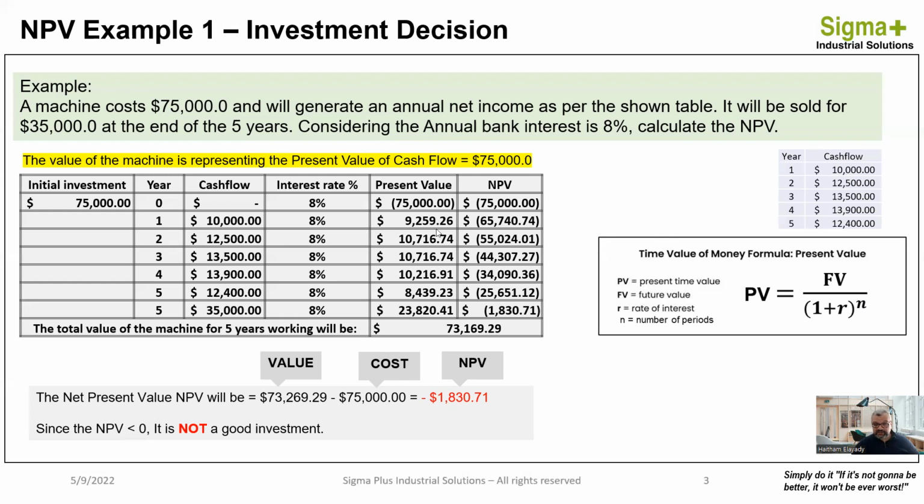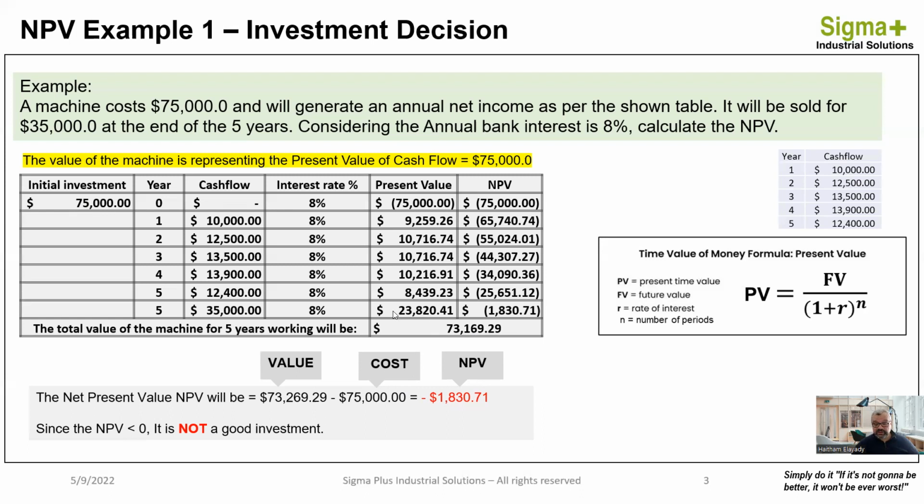Then I will get the sum of all the present values, which equals $73,169.29. If I subtract that number from the present value of the machine, which was 75,000, I have a negative $1,830.71, which represents the net present value.